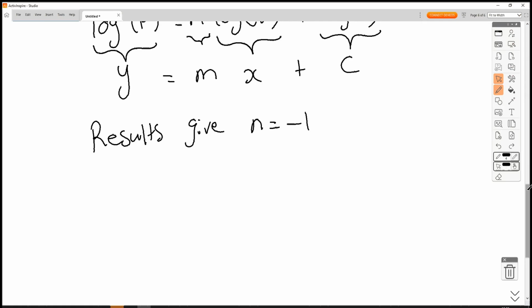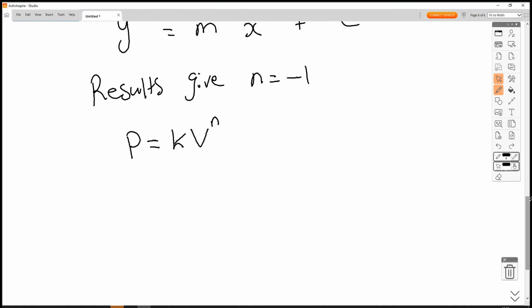So if n is equal to -1, we've got P equals kV to the n. Therefore, P equals k over V, because to the power of -1 means to bring it down.